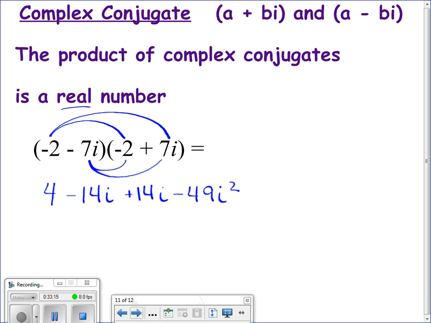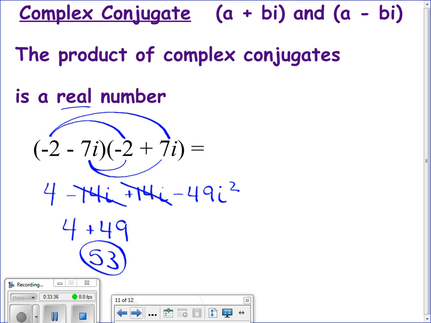So hopefully you recognize, hey, those are conjugates, so you know that's going to be gone. So then I have 4 plus 49, which is 53. So if they're conjugates, your i's will vanish. You'll have just an actual number for an answer.